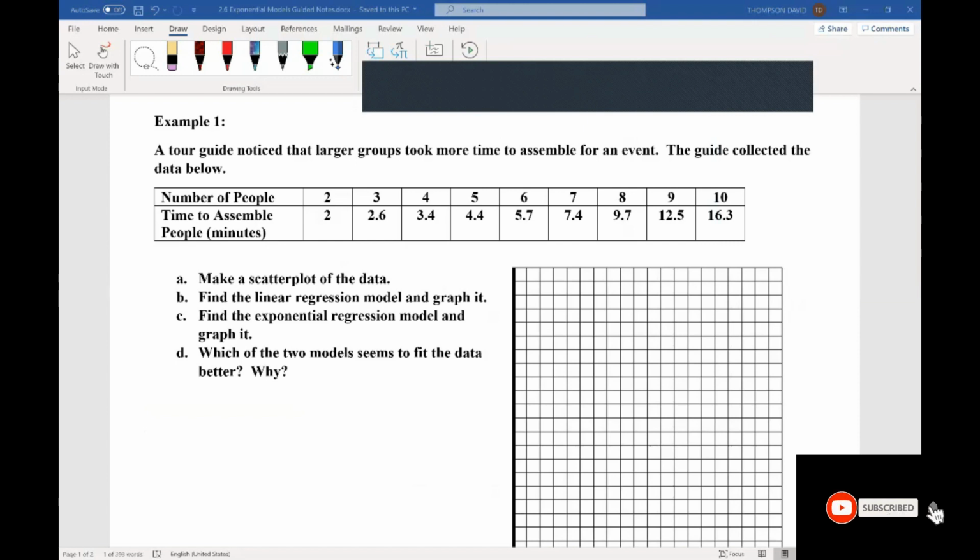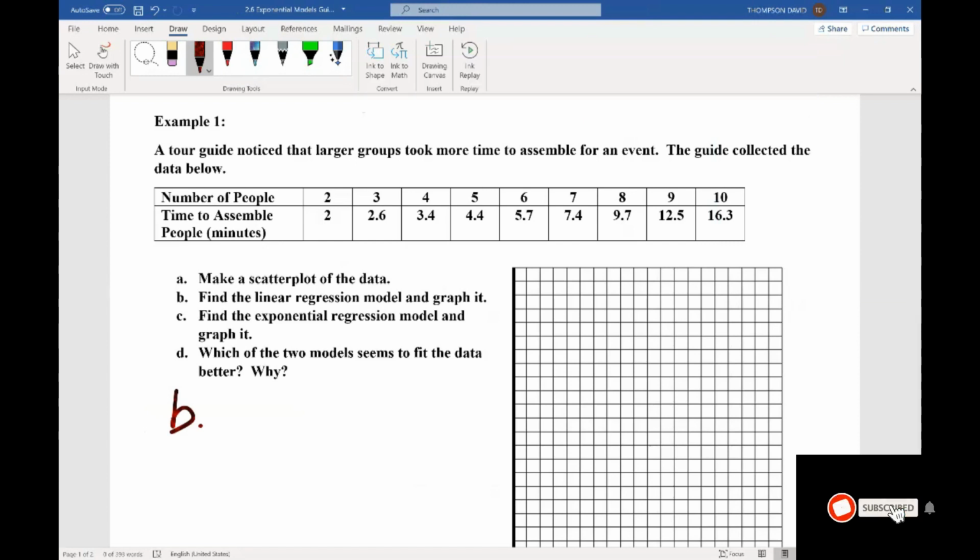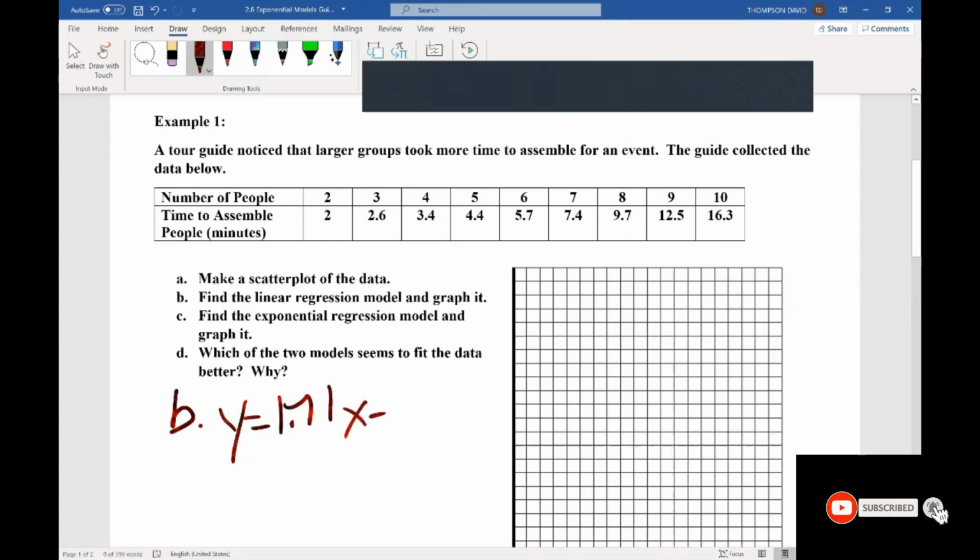So we've already made our scatter plots from Desmos. We're just going to write down our equations and answer the question. So for B, the linear regression equation was y equals 1.71x minus 3.14.